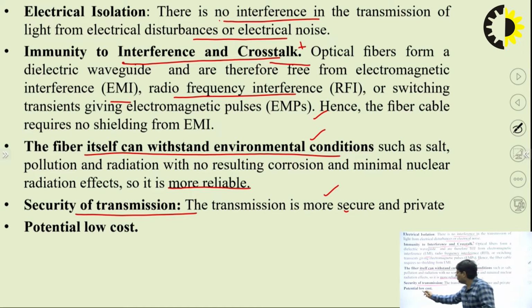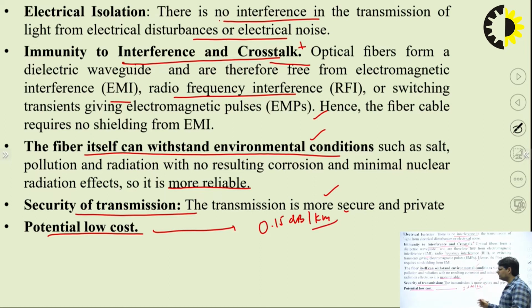Next is potentially low cost. As compared to other medias, the cost of transmission in the case of optical system is very low. This is because of low losses. We have studied that the loss in the optical cable can be as low as 0.15 dB per kilometer.